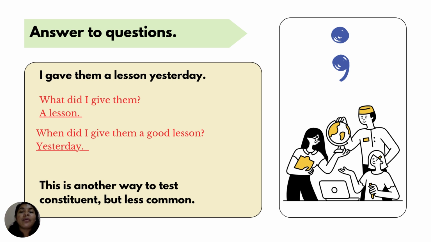A lesson. So I can prove that a lesson is a constituent in that sentence. If I say, when did I give them a lesson? Yesterday. So I can say yesterday is another constituent in that sentence just by answering the question with the sentence that I give you. That could be with this one or with the other one. So this is another test that you can apply, but of course it's the easiest one, and that is why probably Professor Naya told me you can mention that.